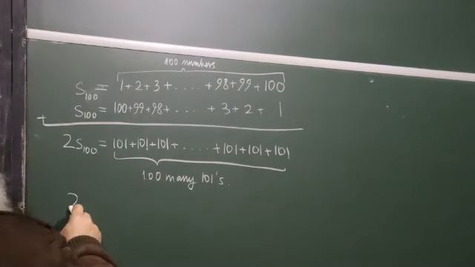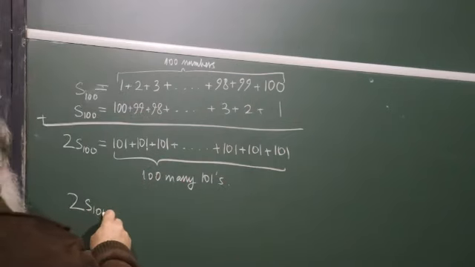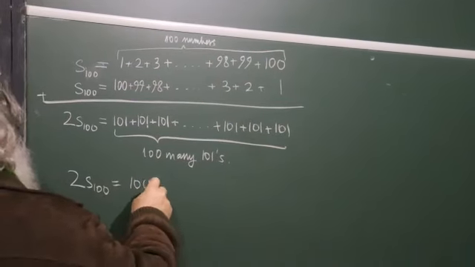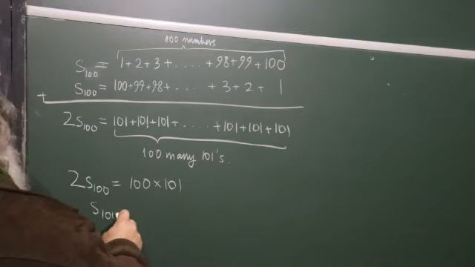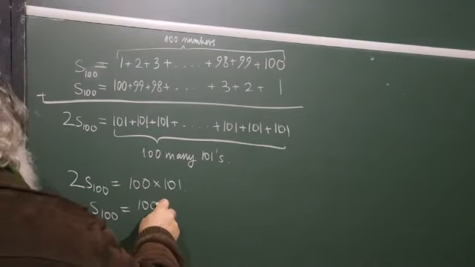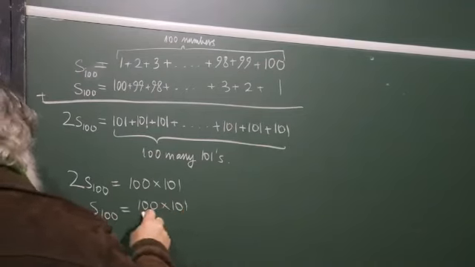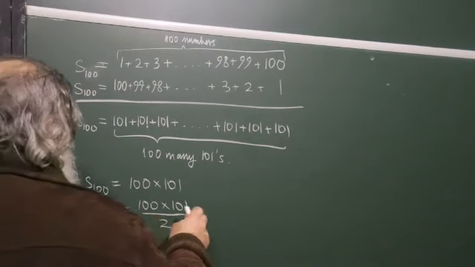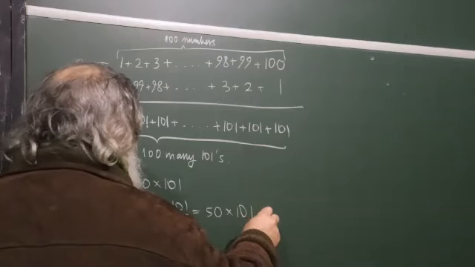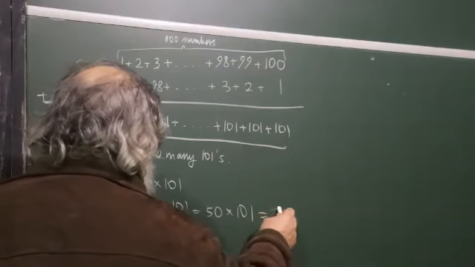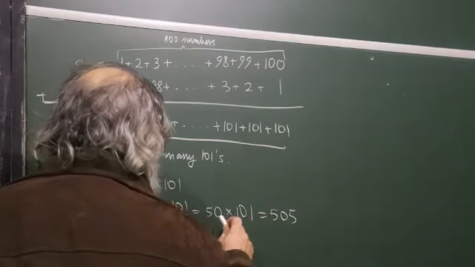So 2 times S100 is equal to 100 times 101, and S100 is equal to 100 times 101 divided by 2. So this is 50 times 101. This is 505, and then you add a 0.